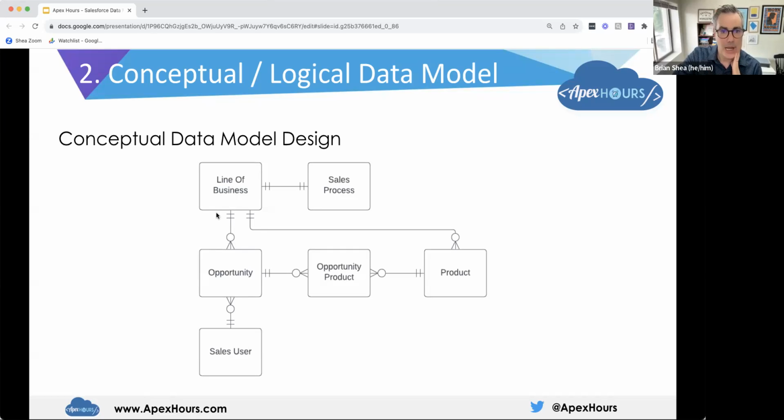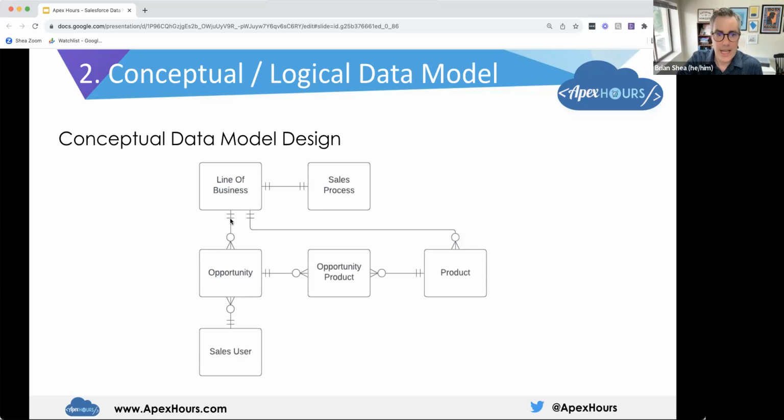cardinality, I mentioned on the previous slide that a line of business can have many opportunities. Each opportunity will have exactly one line of business. So we're expressing cardinality in what's referred to in this diagram as crow's foot notation. This side represents many, an upper bound of many and a lower bound of 0.